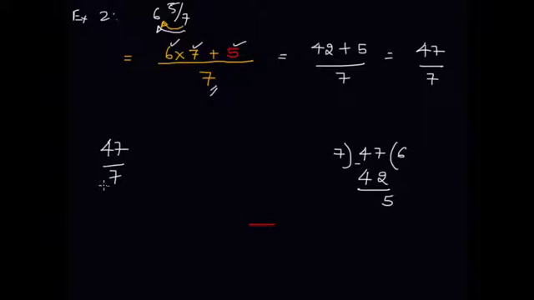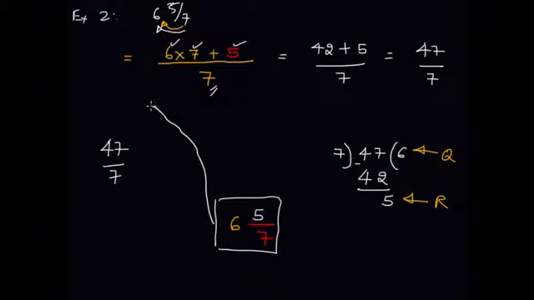You would, as always, retain the denominator, which is 7. You have the quotient here, and this is the remainder. So you write the quotient on the side, which is 6, and you write the remainder on top, which is 5. This is exactly the same as what we have here. Both are the same. So your answer is right.